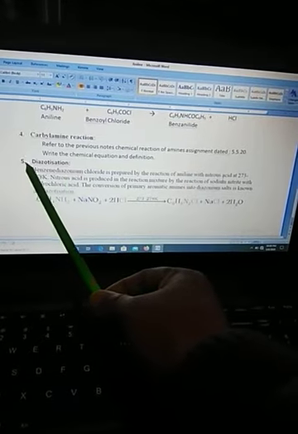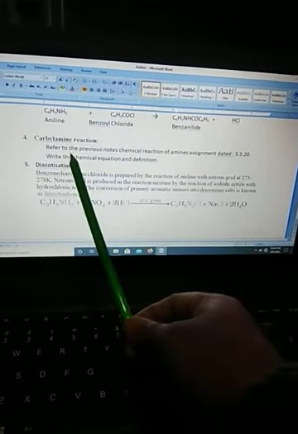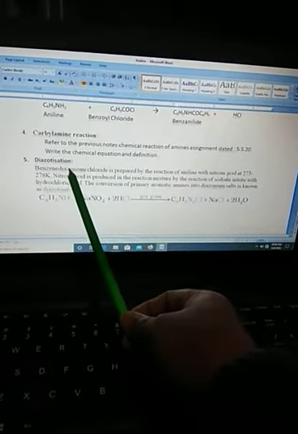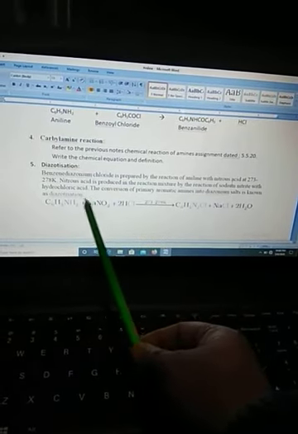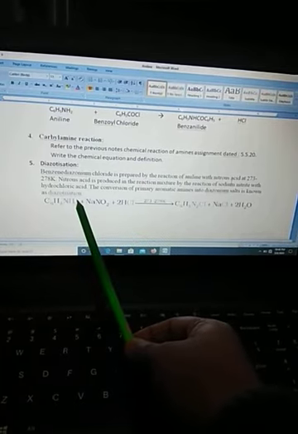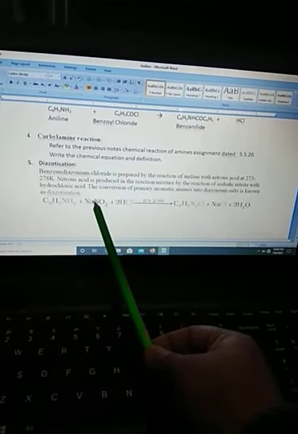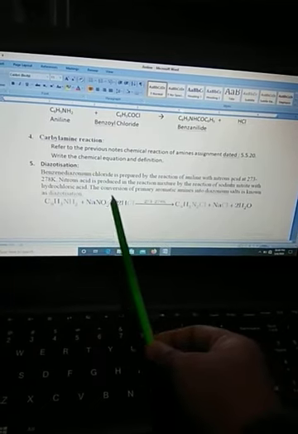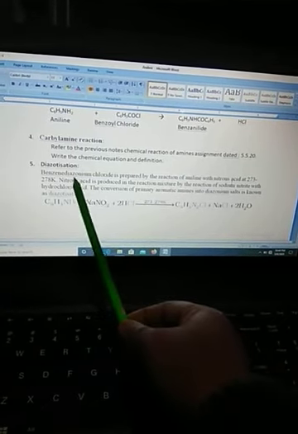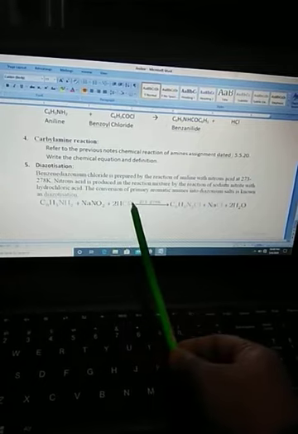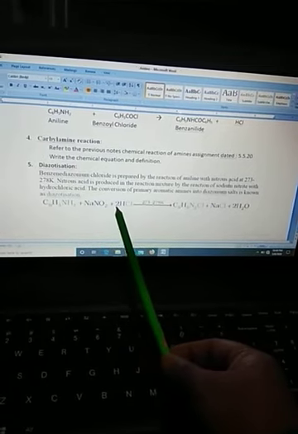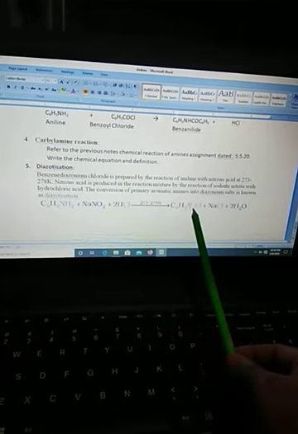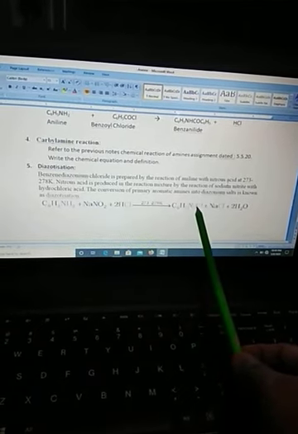Next, the fifth reaction we have is the diazotization reaction. This is very, very important. What will happen in this? We'll take aniline and react it with sodium nitrite and HCl. By the reaction of these two, nitrous acid, HNO2, is produced, which will help the aniline form benzene diazonium chloride, which is an intermediate.